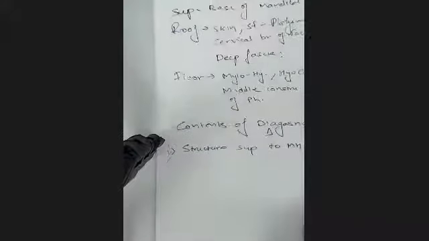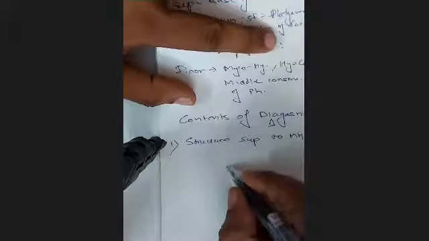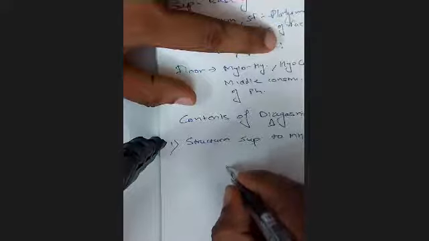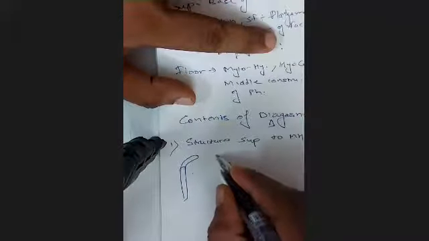you need to understand a little bit about the anatomy of the submandibular gland. If you take a transverse section of the neck, then we find this on both the sides. This is the mylohyoid muscle, and of course this muscle will be slightly going like this.